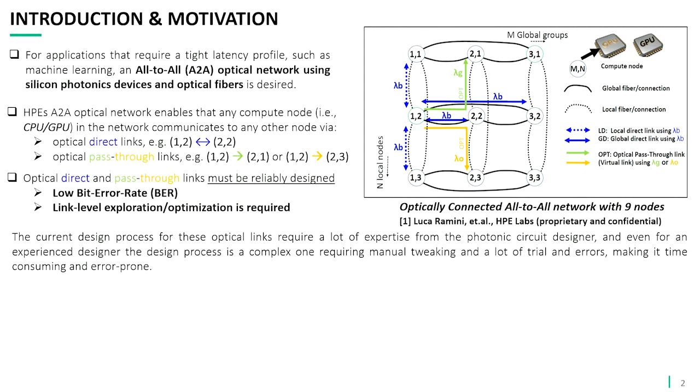Unfortunately, the current design process for these requires a lot of expertise from the circuit designer. Even for an experienced photonic circuit designer, this can require a lot of tweaking that has to be done manually right now, a lot of back and forth, trial and error, so the whole process can be time consuming.